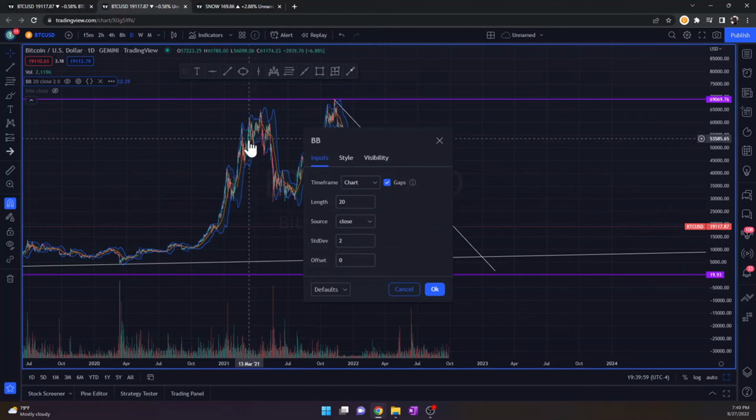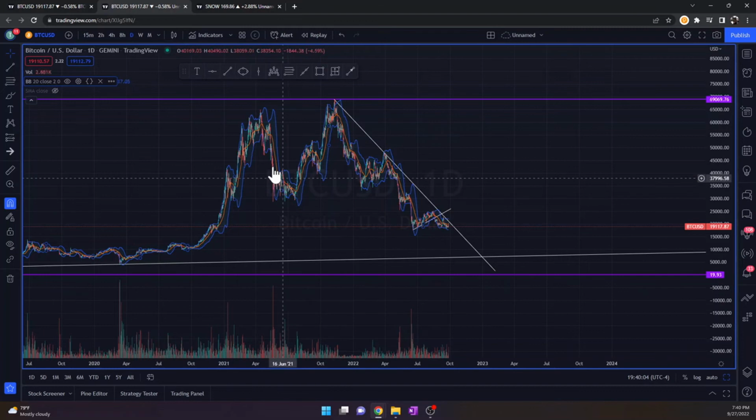So it goes back 20 candlesticks, it gets the data for this simple moving average, and it tracks it as a line. And then these blue lines are the standard deviation plus or minus that.